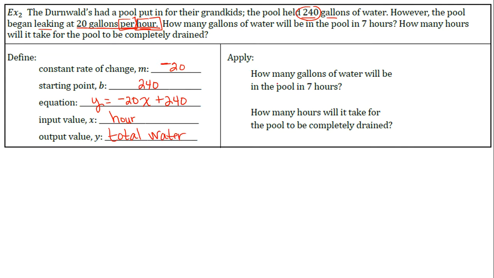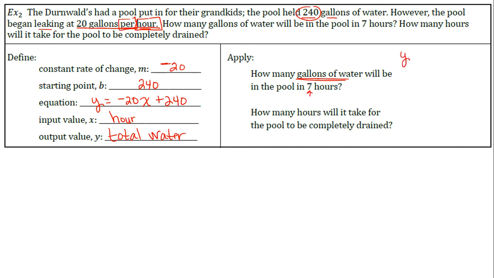Now let's apply. How many gallons of water will be in the pool in 7 hours? You can see that we're looking for the y value, how many gallons of water. We've been given the x value because x represents hours.